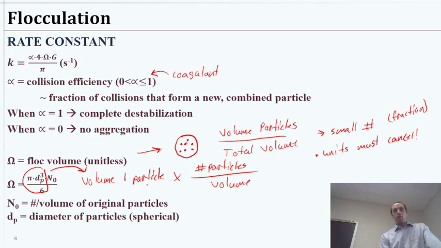That'll give us the volume of one particle times the number of particles per volume. Usually, if we convert to meters, this is going to be like meters cubed, and a lot of times this is going to be in liters. So we have to convert the units to make sure they cancel. Just have to track that carefully.